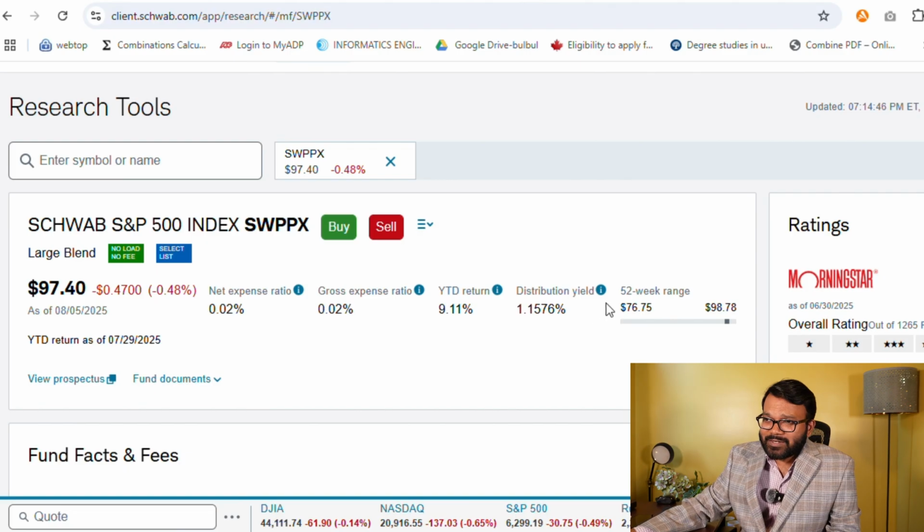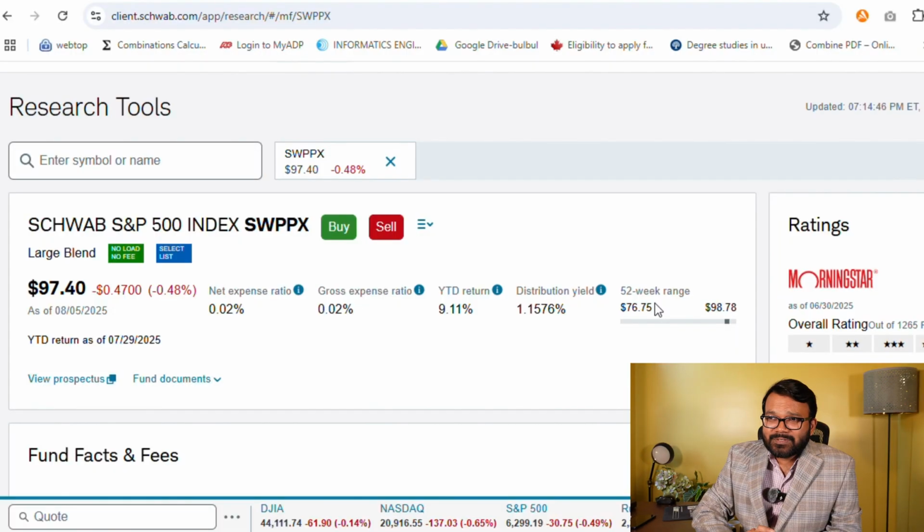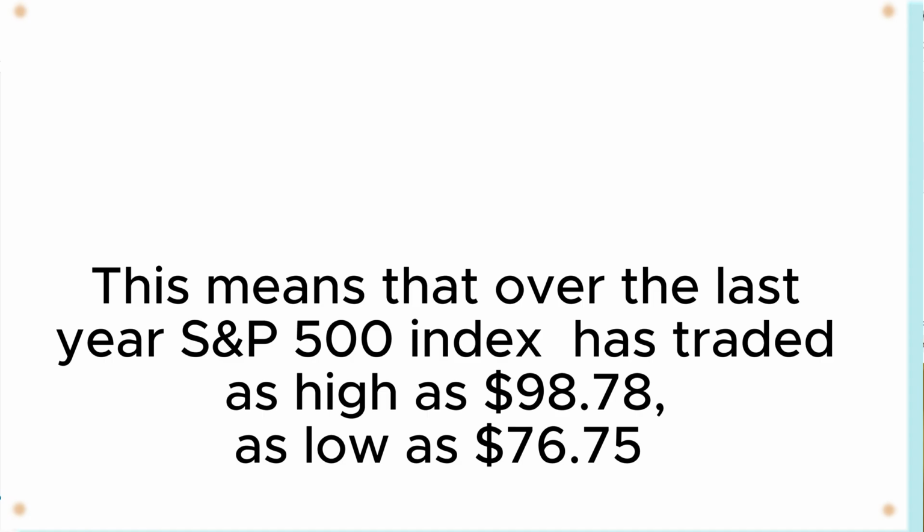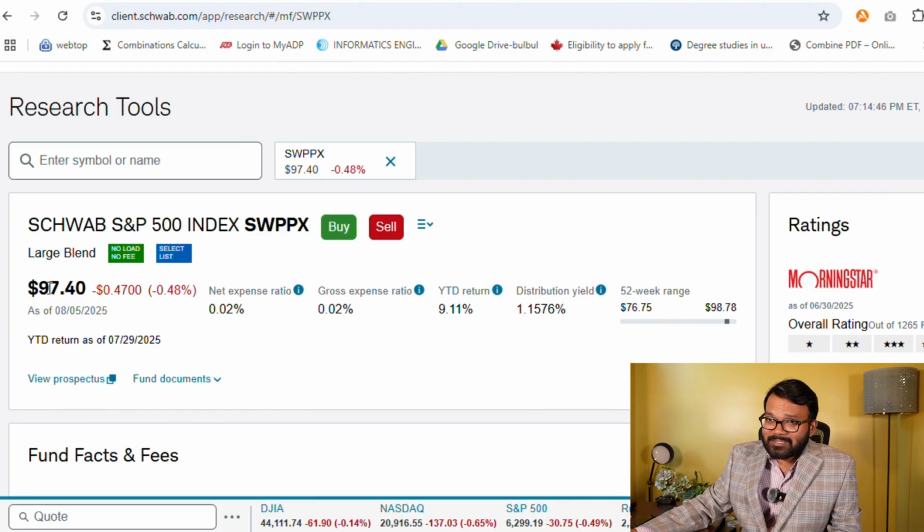Now let's look at the next one, which is 52-week range. So this range is very important to understand, because the range that you see here, 76.75 and 98.78. So this means that over the last year, S&P 500 index has traded as high as $98.78 and as low as $76.75, and is currently trading at $97.40.